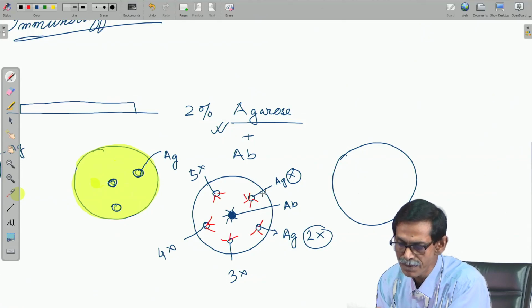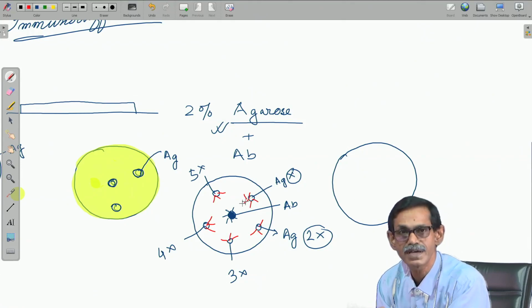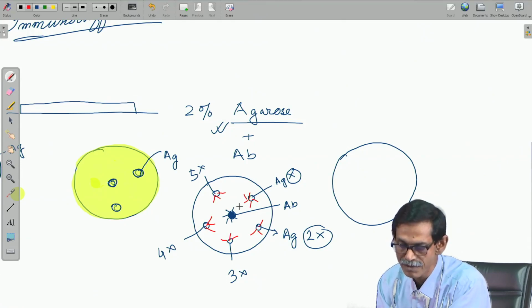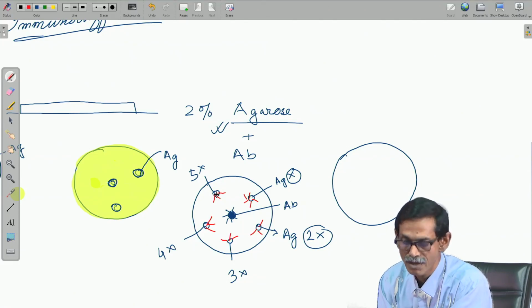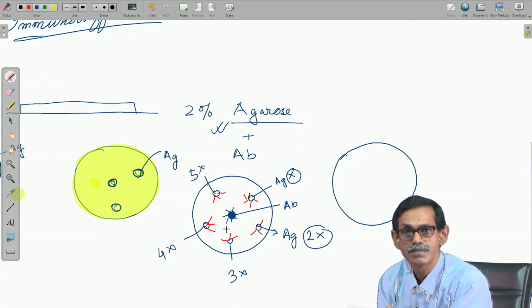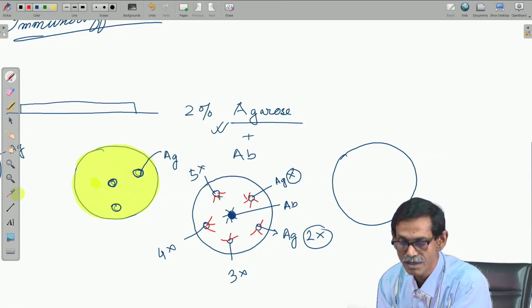If you have less amount of antigen, it will dilute very quickly. If you have more amount of antigen, in comparison to x, say 5x, what will happen? The dilution will be much less in comparison to x.